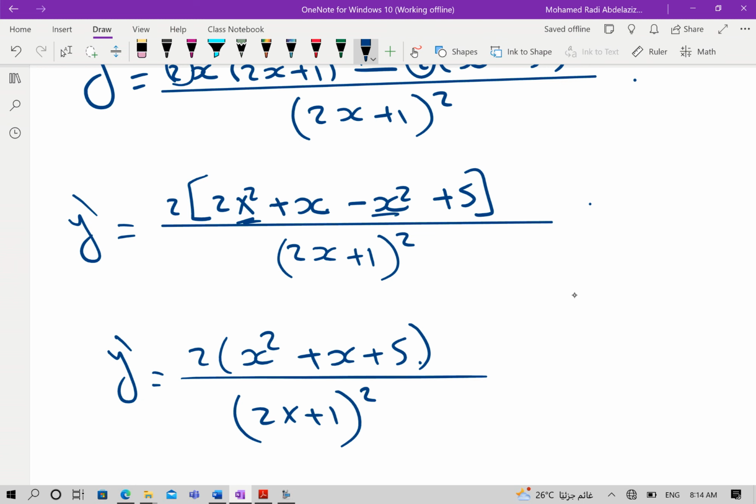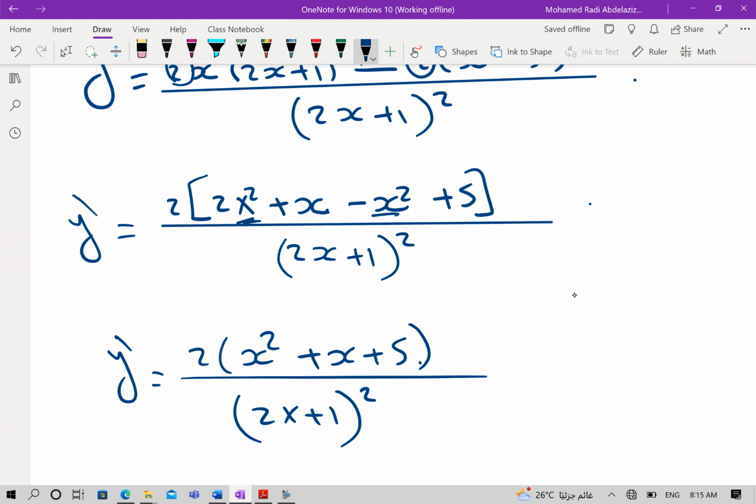If I ask to get the gradient, substitute x. If I ask to get the equation of the tangent, same, y minus y1 is equal to m times x minus x1. We also explained how to get a stationary point and how to get its nature, how you know it's a minimum or maximum, by using the second derivative.